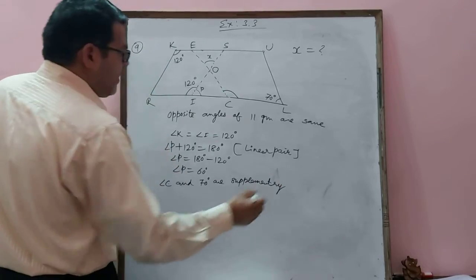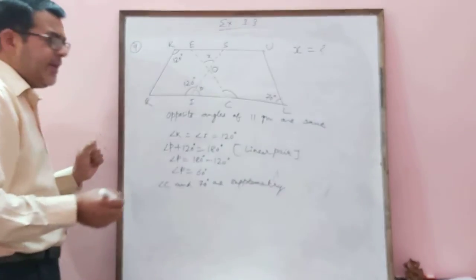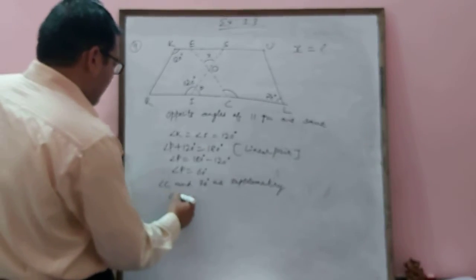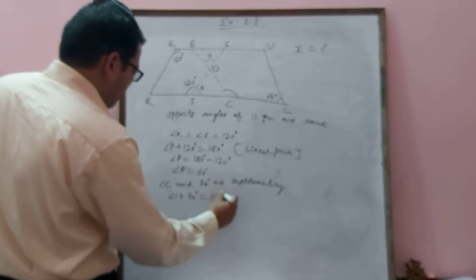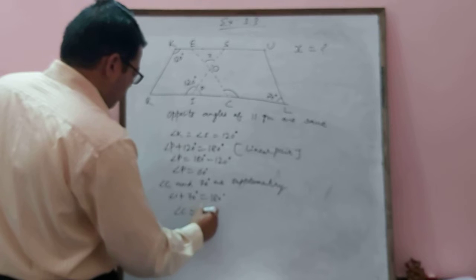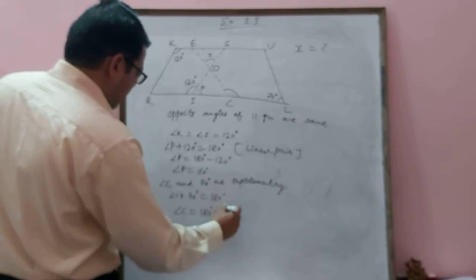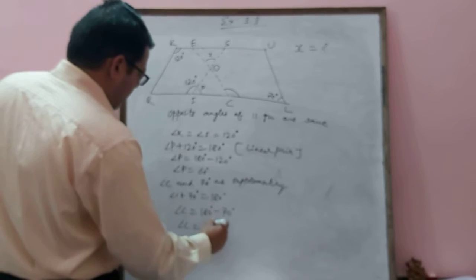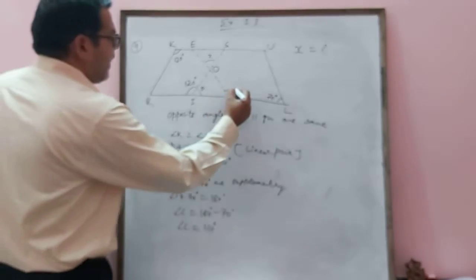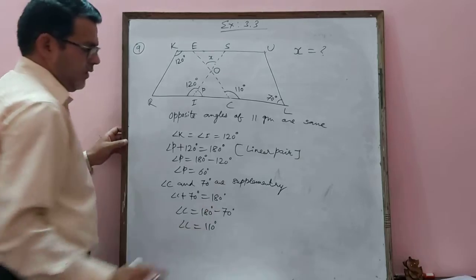Why supplementary? Because they are adjacent interior angles. So angle C plus 70, their sum will be 180. Angle C equals 180 minus 70. So angle C equals 110. So this angle is 110 degree.